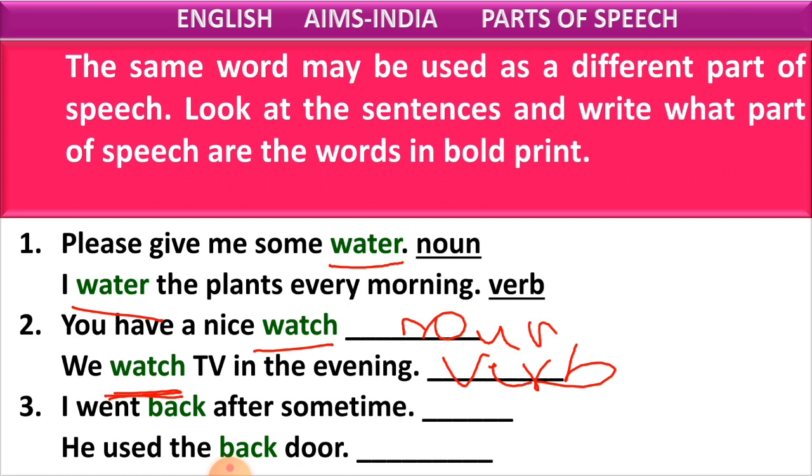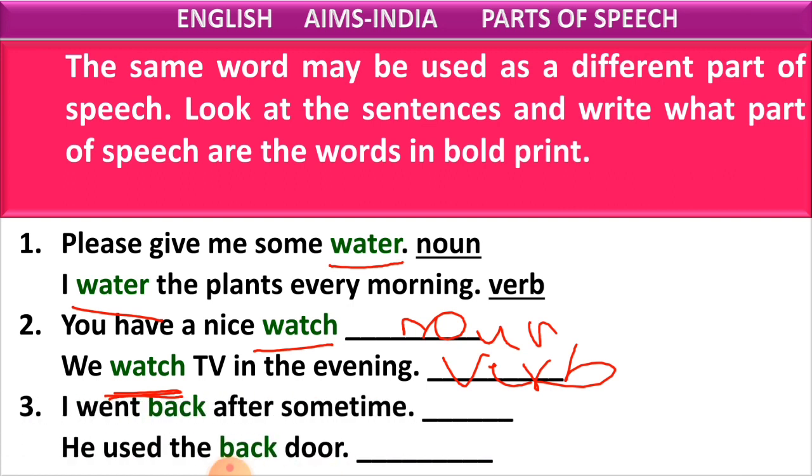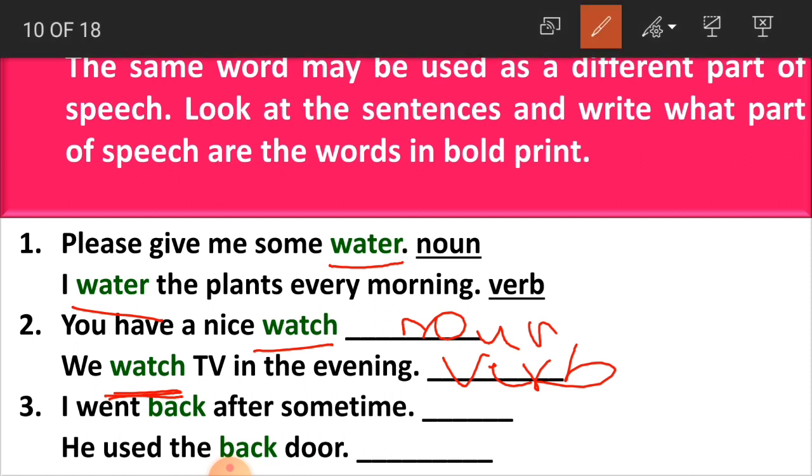I just went back after some time. So this back which we have to identify is just supporting the verb here. That's why in this sentence, this word becomes adverb. I went back.